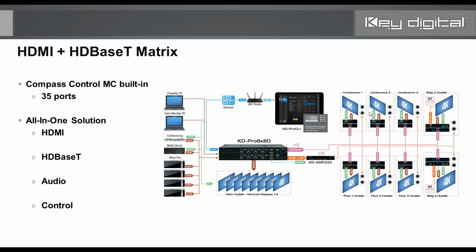But we see here video sources, video displays, audio systems, and of course we know lighting and more, also all controllable within a single app with KeyDigital's Compass control system. So you have a total of 35 IR, RS-232 or voltage controlled devices, in addition to essentially an unlimited amount of TCP/IP controlled devices with KeyDigital's Compass control system.